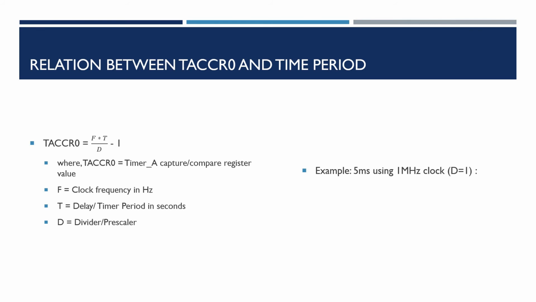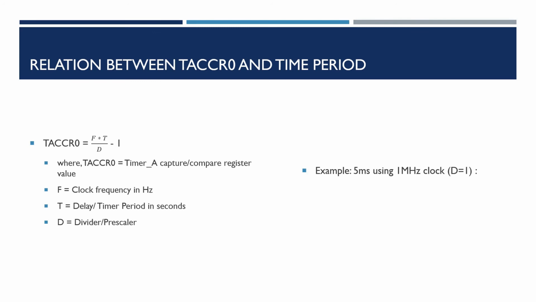And basically subtract 1 from this particular factor, that is F into T by D. This is to compensate for the timer running from 0 to 65535, which basically means that it has got 65536 ticks. So to compensate for that one particular tick, you are subtracting 1 from the value. So that's the whole idea, and that's why that minus 1 comes into the picture.